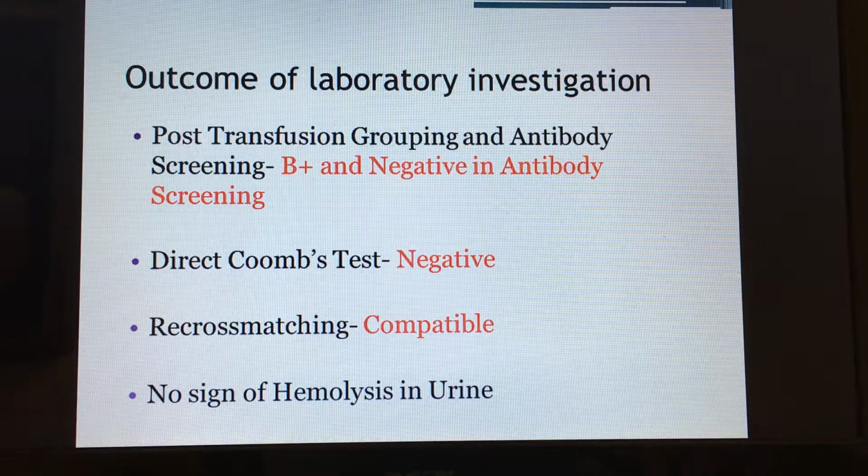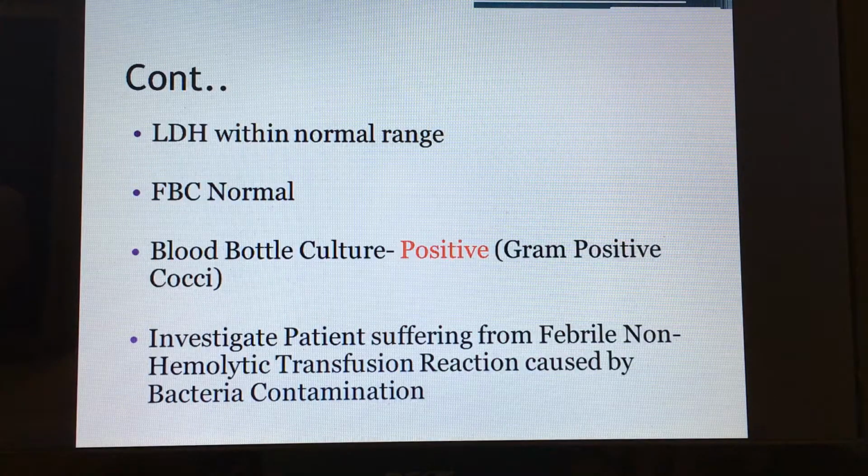So acute hemolytic transfusion reaction was excluded from the choices. And the blood culture bottle was positive, so it was identified as bacterial contamination. And from the symptoms, there were the symptoms of a febrile non-hemolytic transfusion reaction.